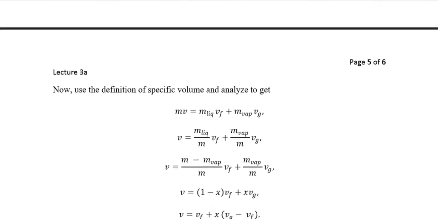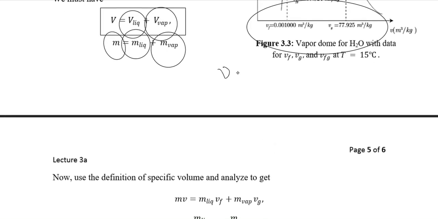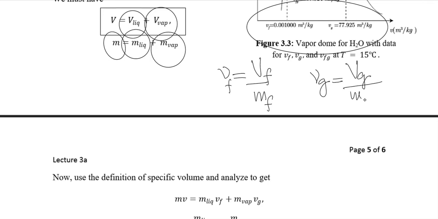So the specific volume, if you remember, is equal to the total volume divided by the mass. For the liquid, the specific volume Vf will be the volume of the liquid divided by the mass of the liquid. And for the specific volume Vg, that will be the total volume of the gas divided by the mass of the gas.